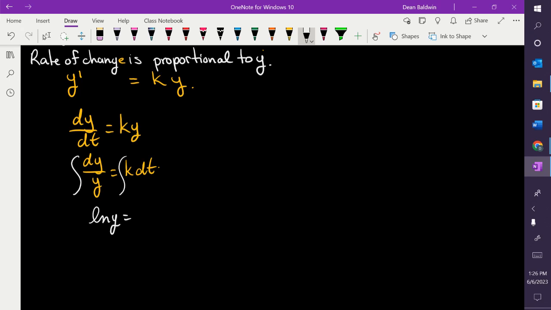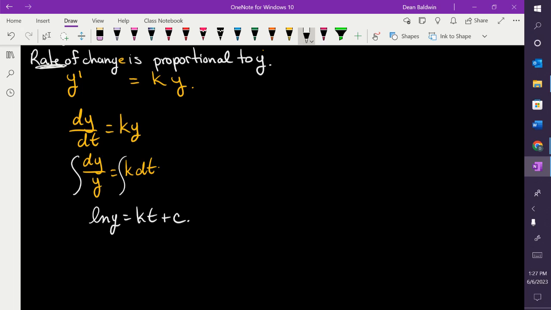The variable's t, so what's the integral of k? kt plus c. It's time, right? Rate of change?